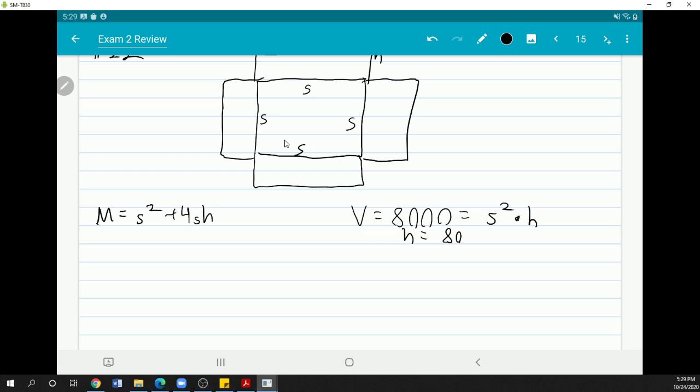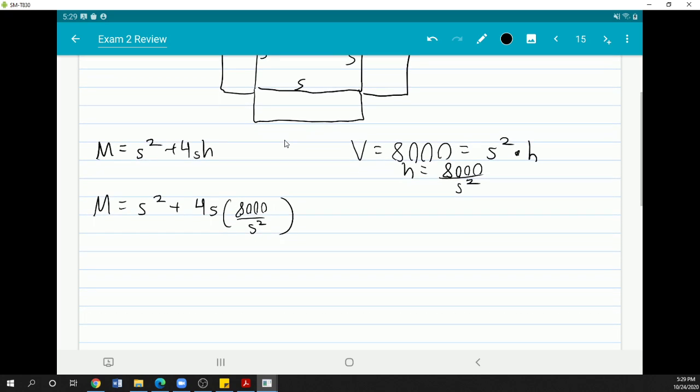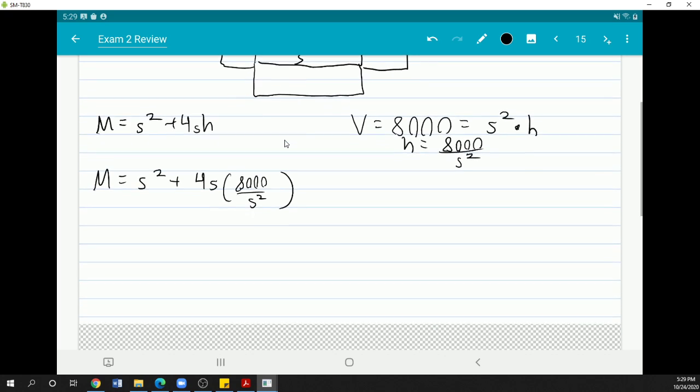So h is 8,000 over s squared, which gives me m is equal to still s squared plus 4s times 8,000 over s squared. And let's just think for a real quick minute. I could try to solve this thing for s, but that would get really hairy, because I would have to take a square root and it wouldn't be any fun. Instead, it's a lot nicer to take it in terms of h. So that's why I did it that way.